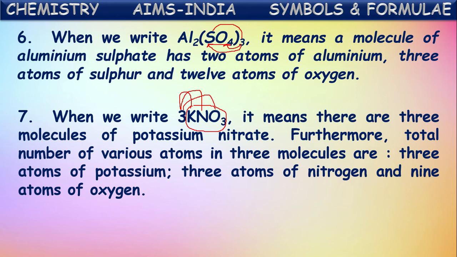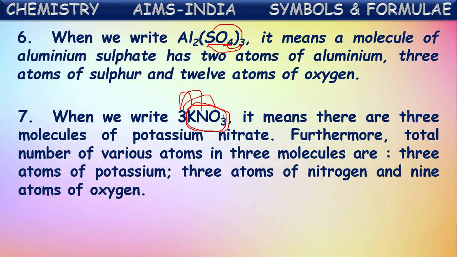KNO3 represents one molecule of potassium nitrate, and the 3 before it represents 3 molecules of potassium nitrate. So the 3 written in front applies to all the atoms. Now it becomes 3 potassium atoms, 3 nitrogen atoms, and 9 oxygen atoms.